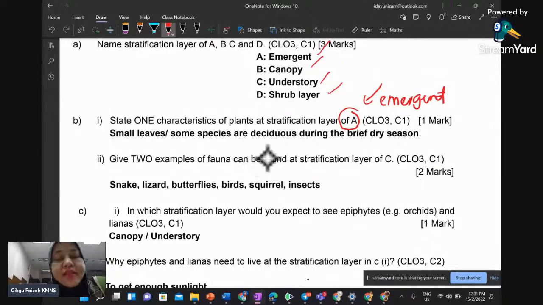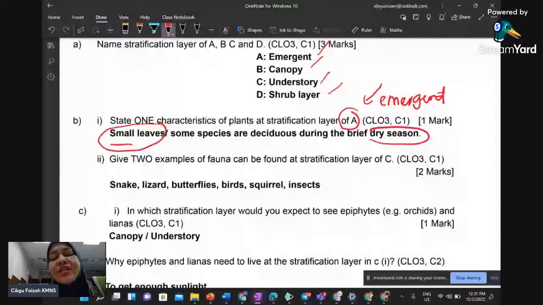So in order to reduce the loss of water through evaporation, the characteristic of the leaf must be small. They will show small leaves. And because sometimes in the dry season they do not want to lose a lot of water, they are sometimes deciduous.